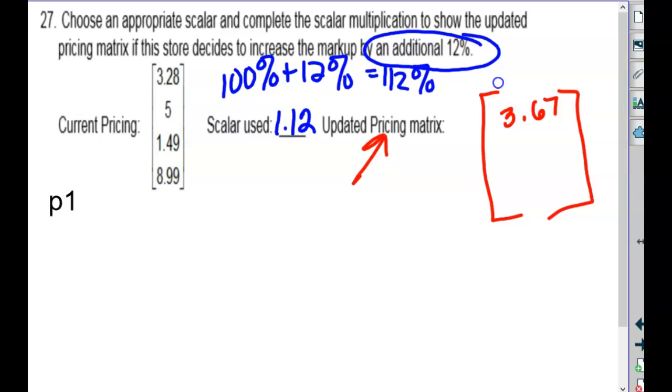Then 5 times 1.12 is 5.6, so that would be $5.60. It wouldn't be wrong if you left off the 0. 149 times 1.12 is 167. And 899 times 1.12, I got 803.